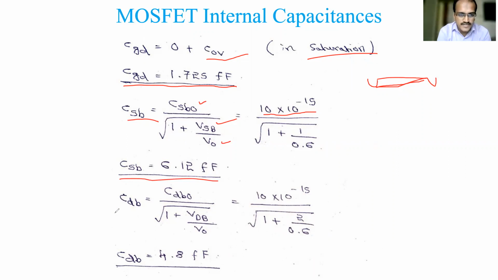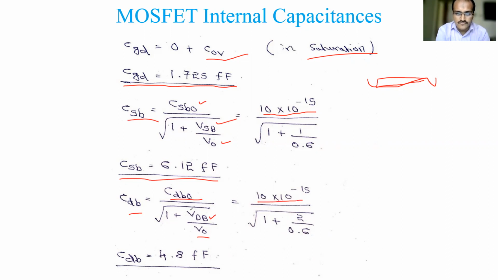And finally, CDB, in the same manner, drain to body. This is the capacitance of a reverse bias PN junction. So it is CDB0 by square root of 1 plus VDB by V0. Again, these values are given. CDB0 is also the same as CSB0, 10 femtofarad, given in the problem.